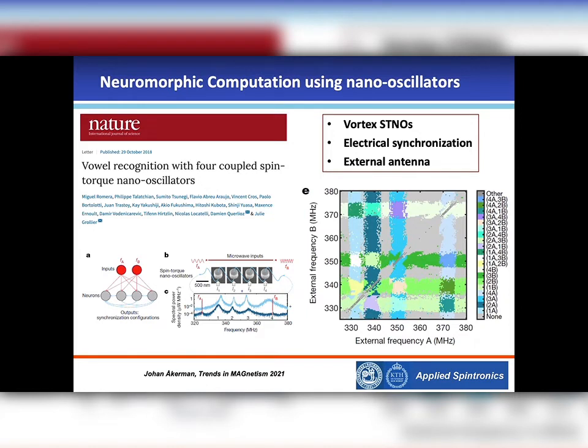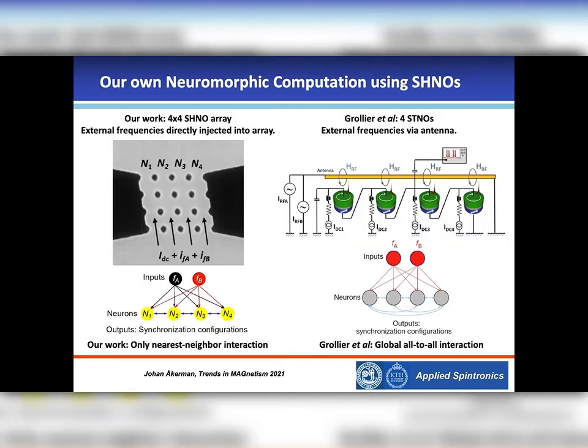paper. Instead, I now want to show how we can carry out the same type of recognition using our spin-Hall nano-oscillator arrays. So I will compare our 4x4 array with their 4 oscillators. I will use our 4x4 array in a regime where the chains are synchronized internally, but not with each other.